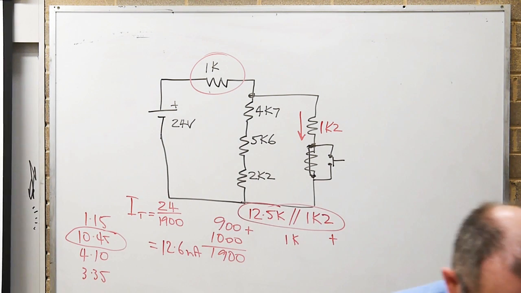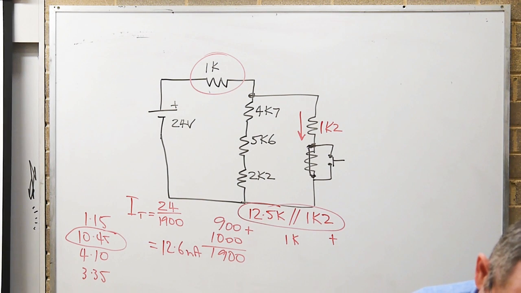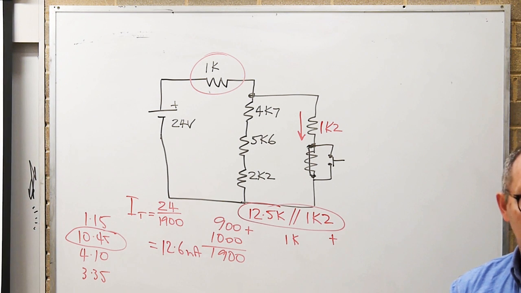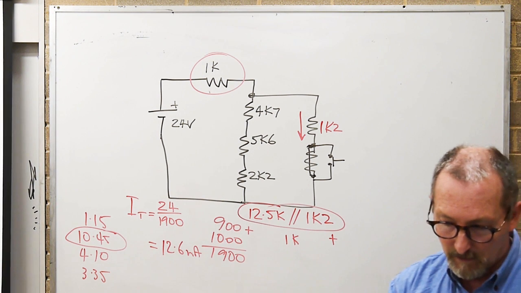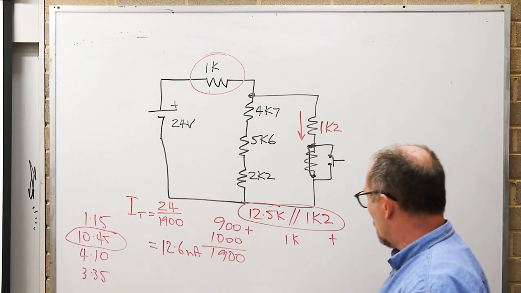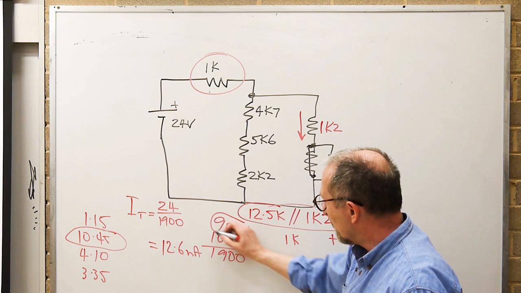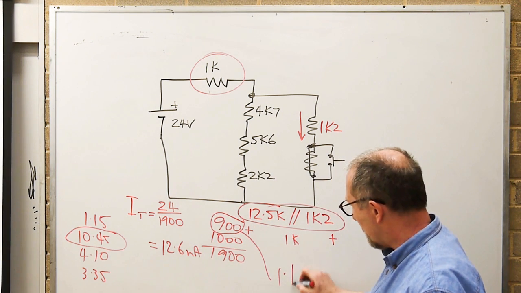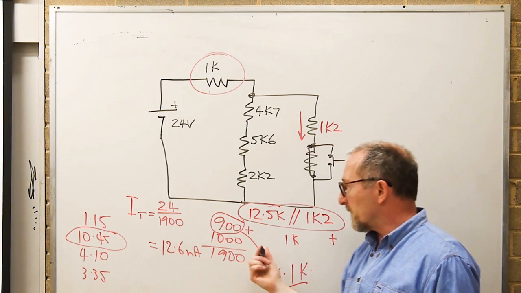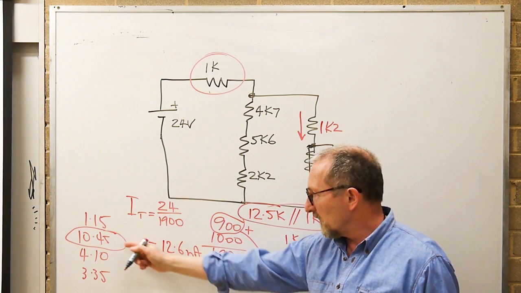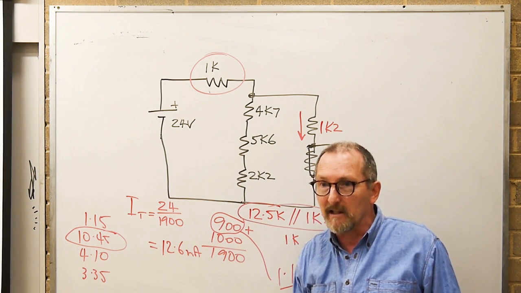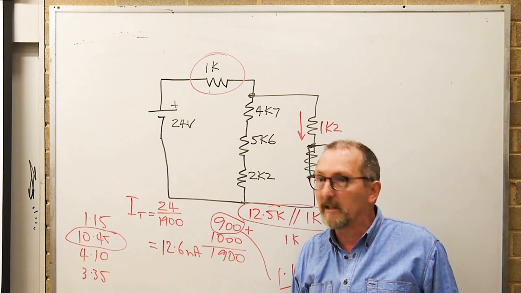Did somebody work out with their calculator what is 12.5 in parallel with 1.2? 1.1K, all right. I'm too low there. That should have been about 1.1K, bad on the day. But, although I'm out by a bit, I'm out by 10%, I'm still okay with a multiple choice question to make a guess at that answer and come up with a ballpark figure and get it right.